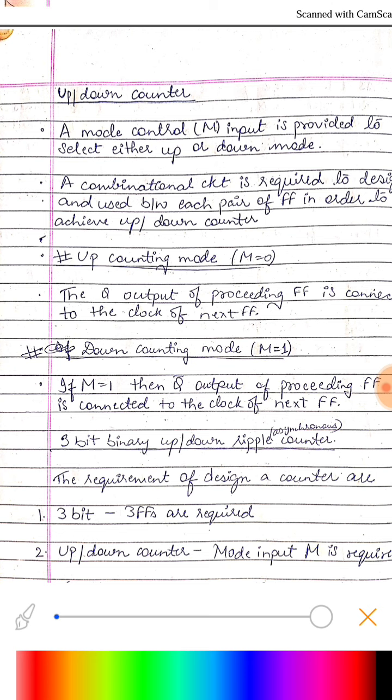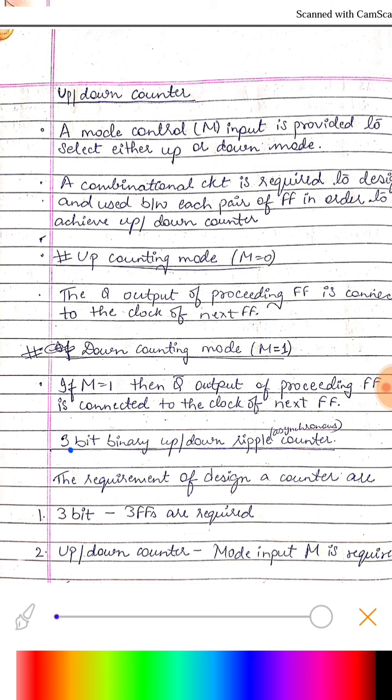So in this lecture we will see how we can implement the up down counter in the same circuit, or how we can use the same circuit to count both ways, that is from the smallest count to the largest count and from the largest to the smallest count.